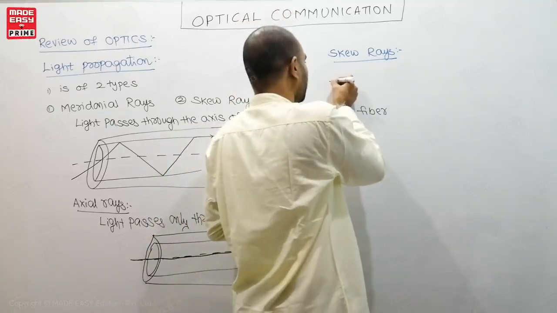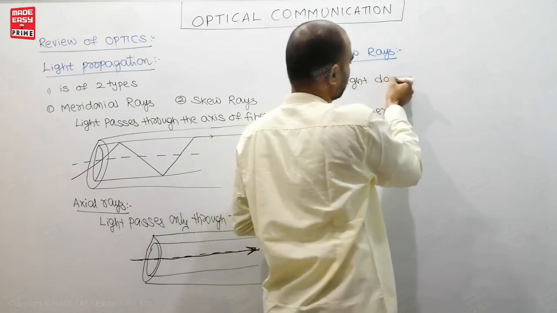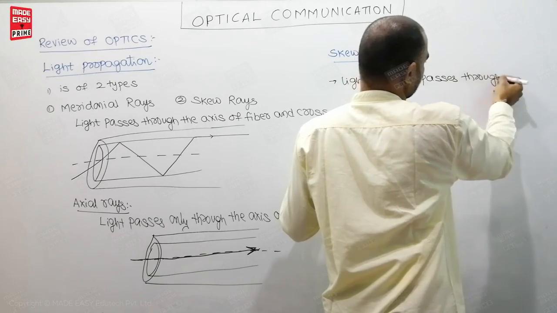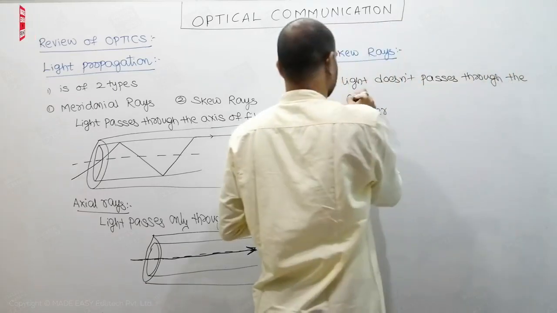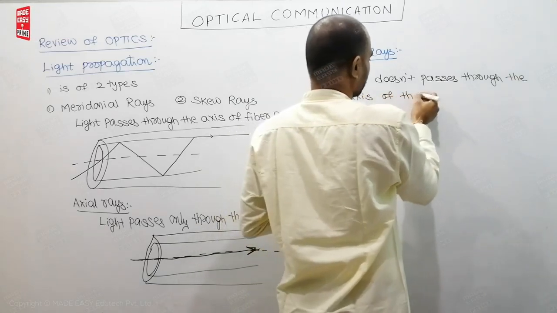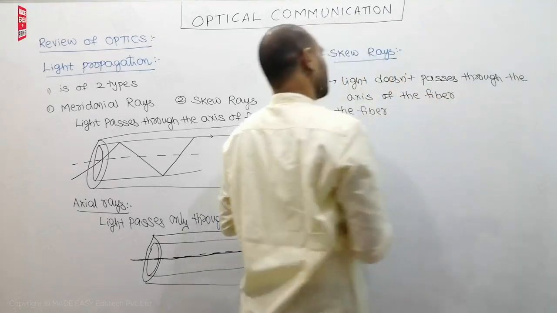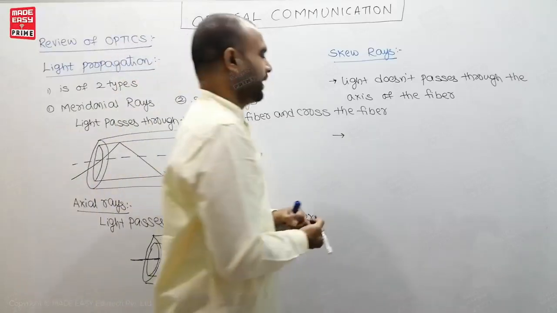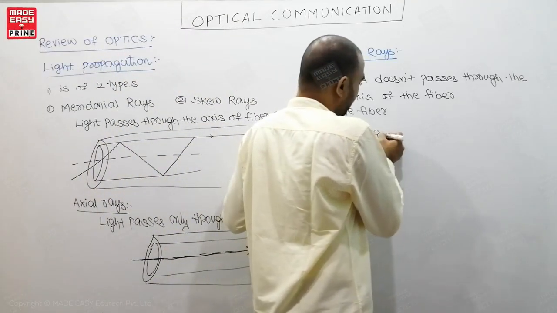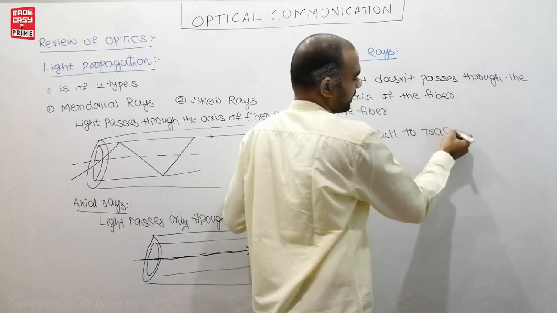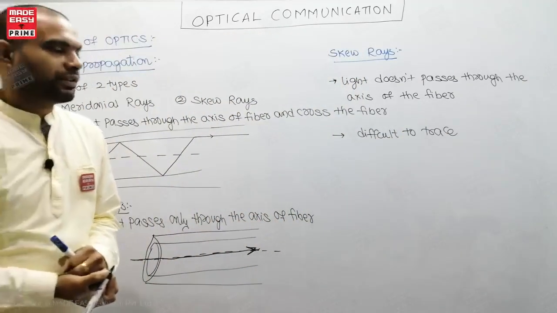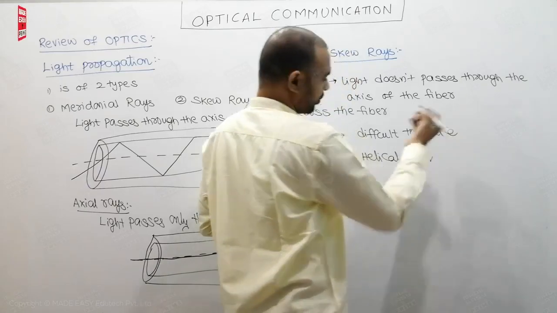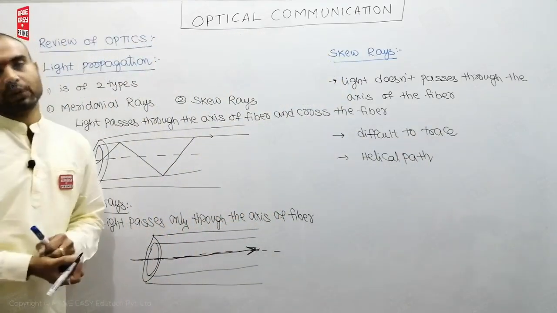That is called the skew rays. The skew rays are difficult to trace, and they take a path called a helical path.